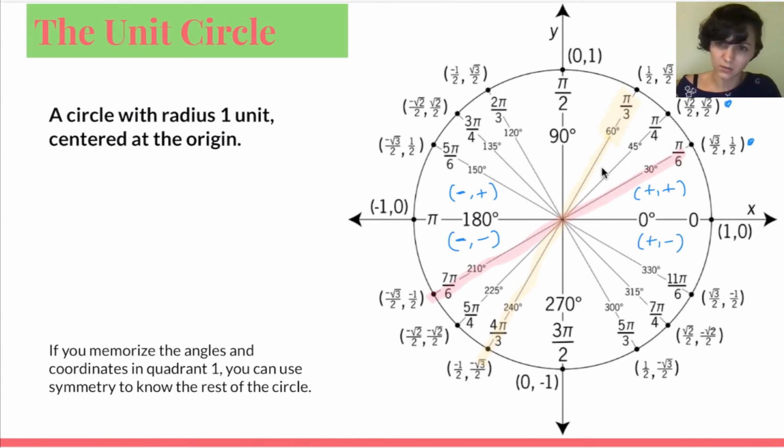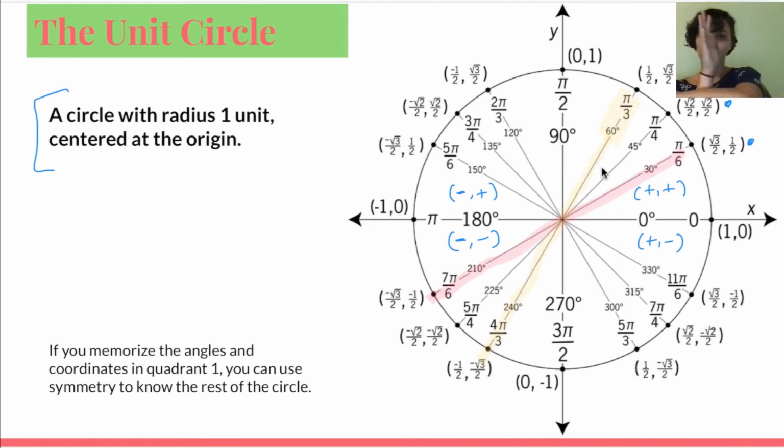So there's also the little reminder of the signs. The coordinates stay the same, the signs change. Okay? I also provided on this page a quick definition of what a unit circle is. A unit circle is a circle that has a radius of 1 unit. So all the radii in the circle are just 1 unit, and it's centered at the origin.